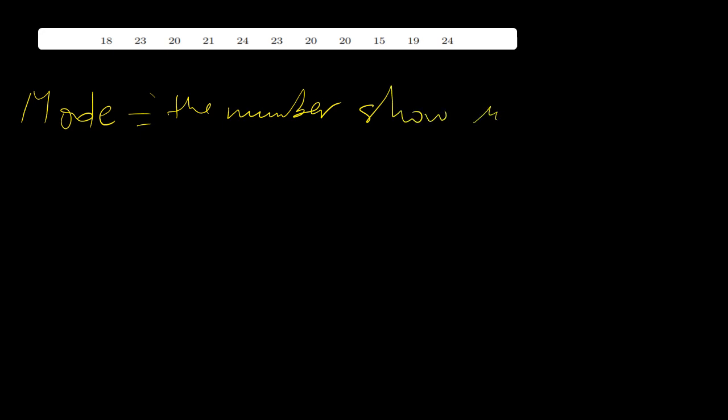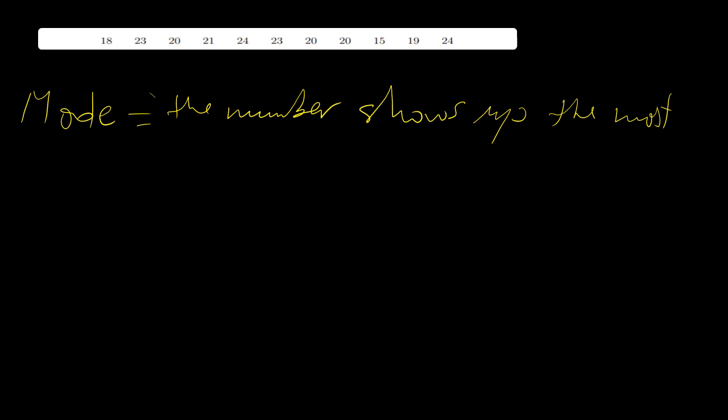The third way of measuring the central tendency is called the mode. And the mode is the most commonly occurring number, or the number that shows up the most.